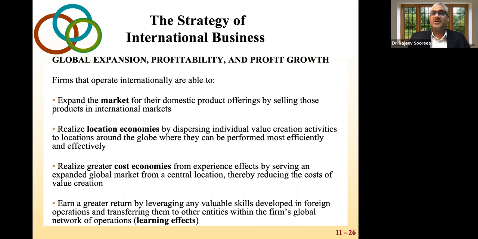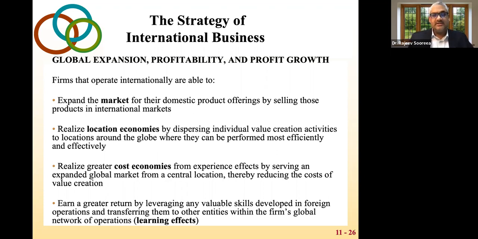That is, if manufacturing can happen best in China, you go to China. If design can happen best in Silicon Valley, you come to Silicon Valley. So you disperse your value creation activities into the locations which are optimal for that particular value creation activity.